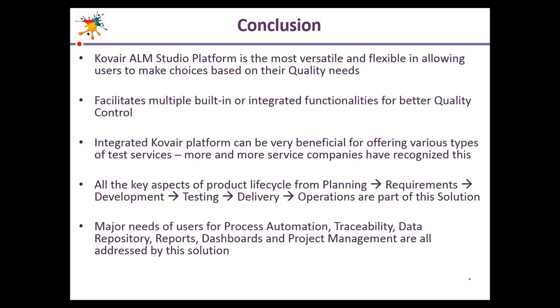So to cater to all these different roles and responsibilities, Kovair allows you to configure the tool in such a way that you can create your own views, your own traceabilities, and your own reports and dashboards. This way, Kovair caters to different users and satisfies their different needs so that the ultimate goal we are talking about today, the quality of the software that is getting developed, can be achieved.